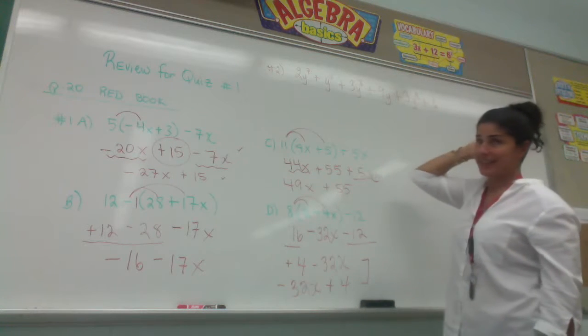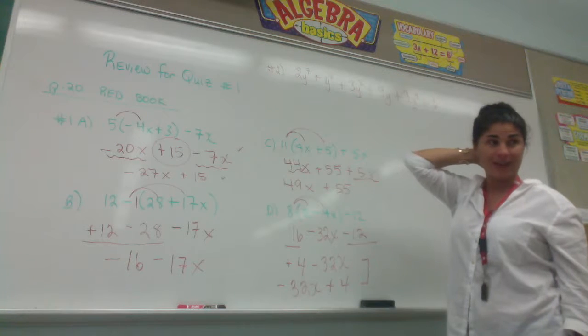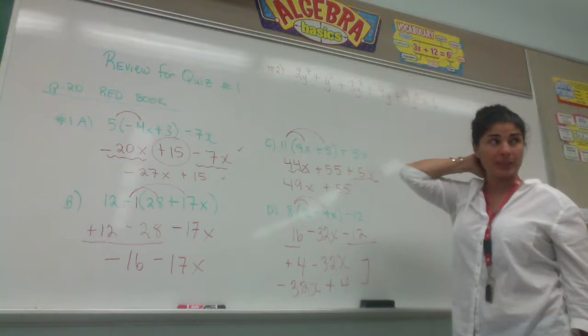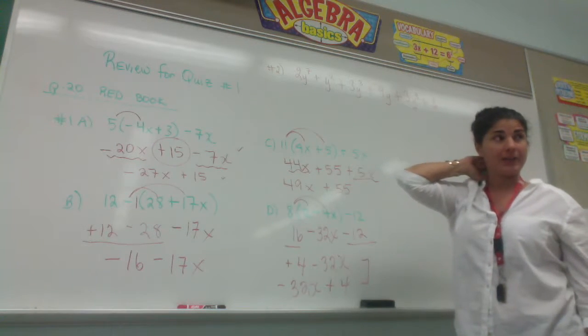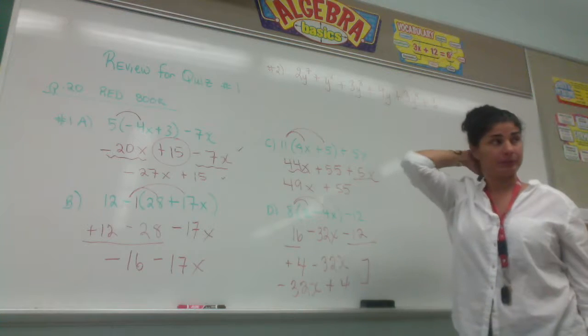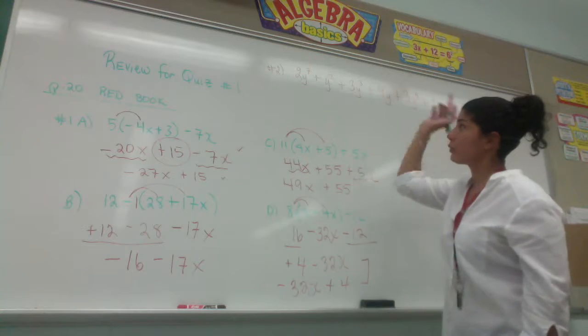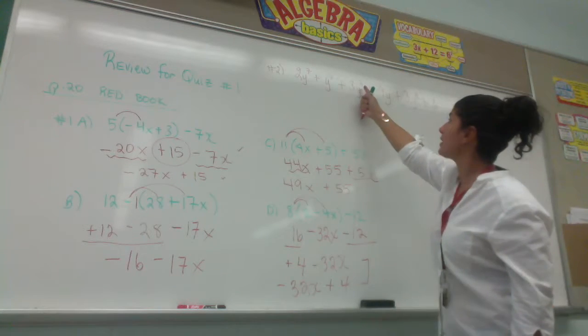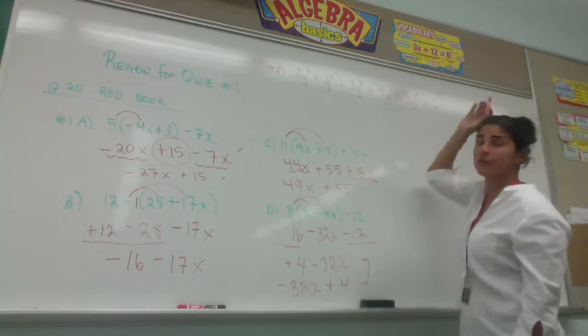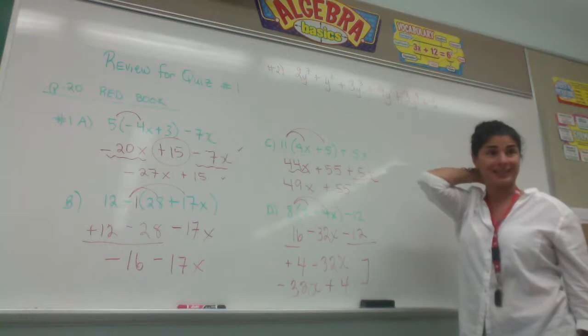Is there anything that I can simplify here? Are there any terms that are alike and that can be put together? No. This one has a 7, this has a little 2, this has a 3, this has a 1, this has a 4. They're all different.